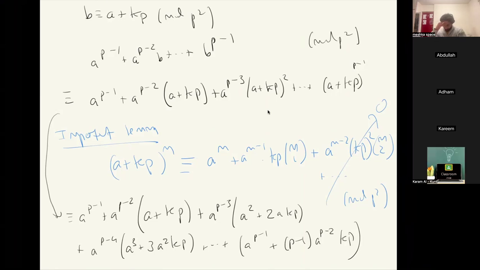So what do we end up getting? In each of these, the first one is going to give a to the p minus 1, right? So we'll have a to the p minus 1, a to the p minus 1, and we'll have p of them. So we'll get p times a to the p minus 1 as before.